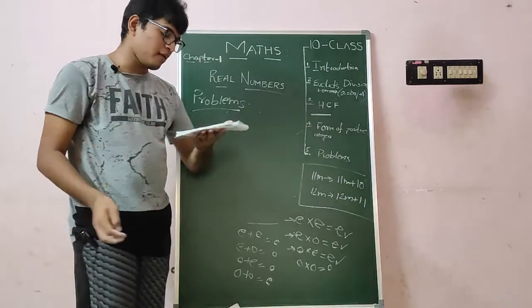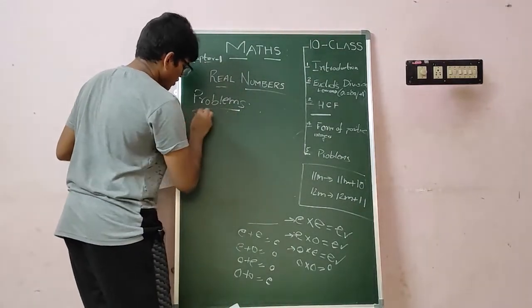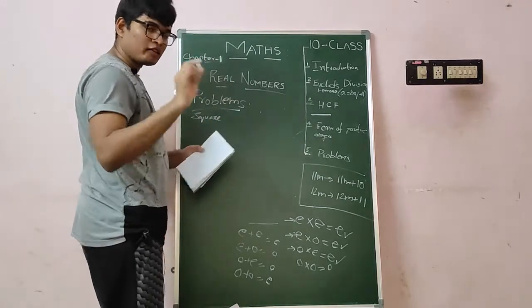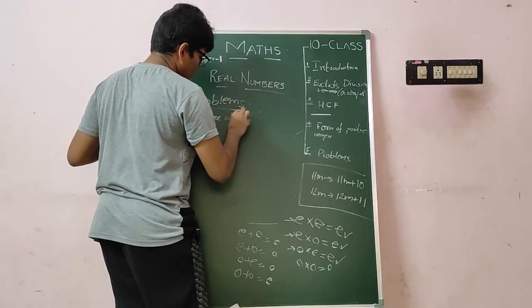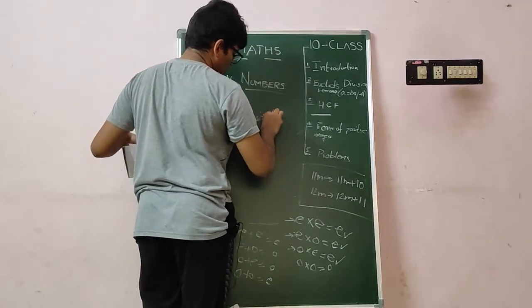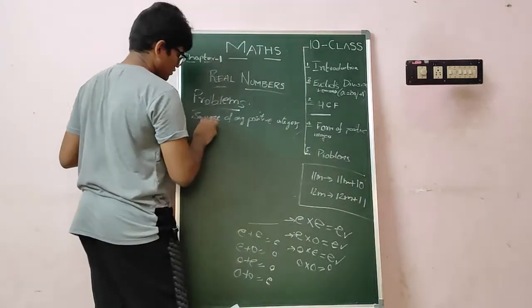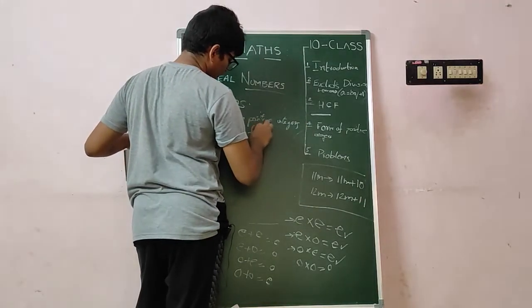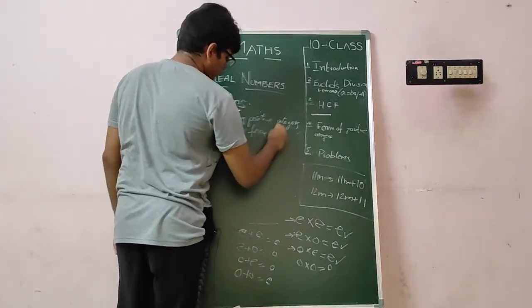Using Euclid's division lemma, show that the square of any positive integer is of the form what? 3p or 3p plus 1.